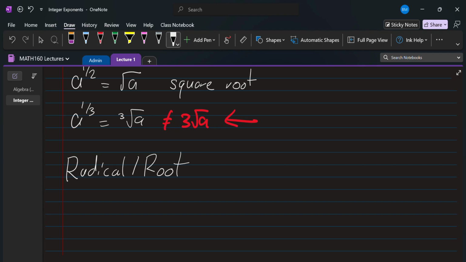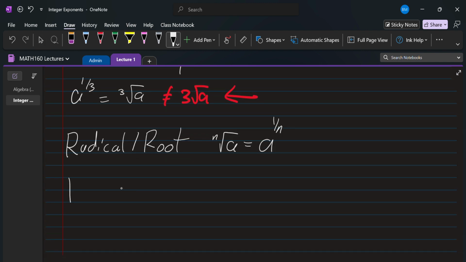Okay. And so on, right? A to the 1 over 4, fourth root, fifth root, and so on. Another word for this is radical. So you could call it roots, you could call it radicals, same thing, different names. You can use whatever wording you like.